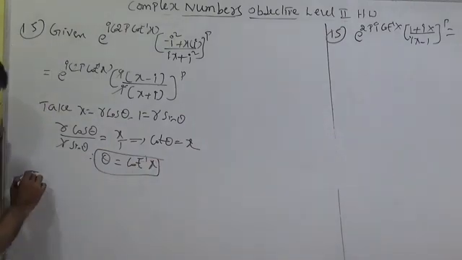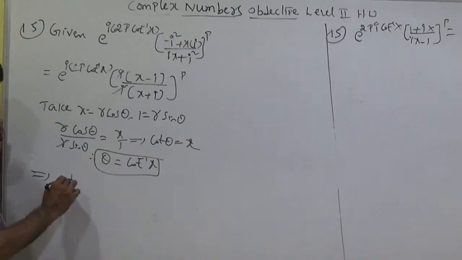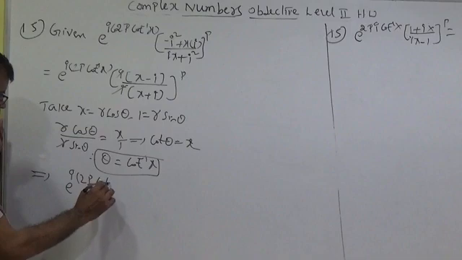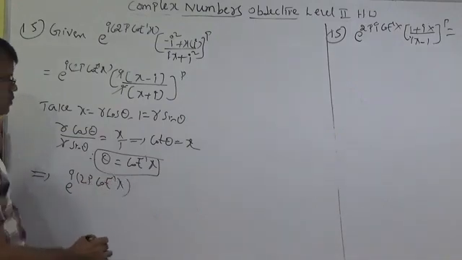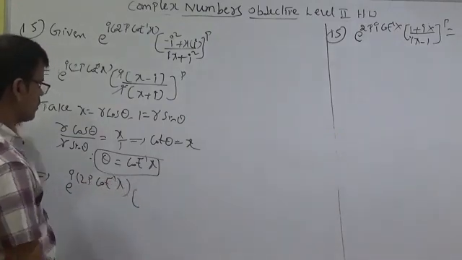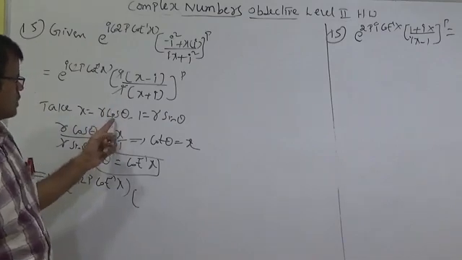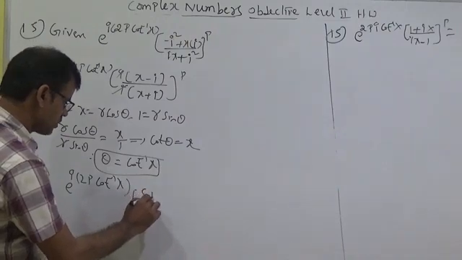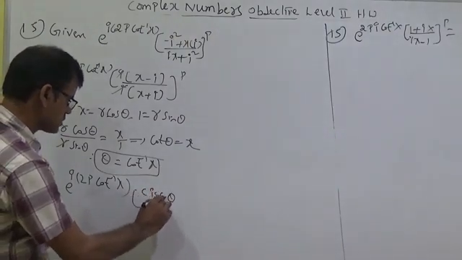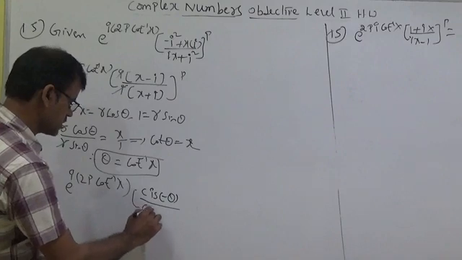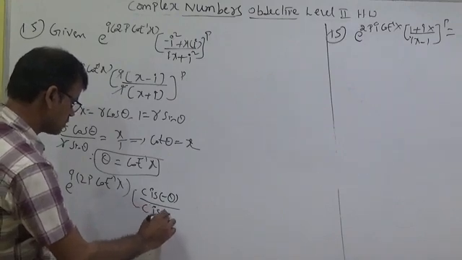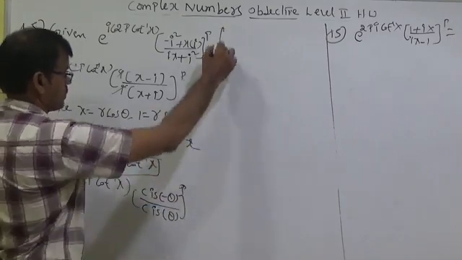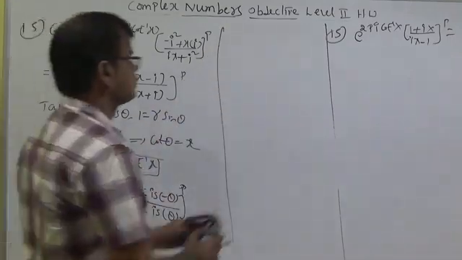That implies I am writing e power i into 2p cot inverse x into, now we got x is equal to r cos theta and 1 is equal to r sin theta. So the numerator becomes cis of minus theta, because cos theta minus i sin theta. The denominator becomes cis of theta, whole power p.